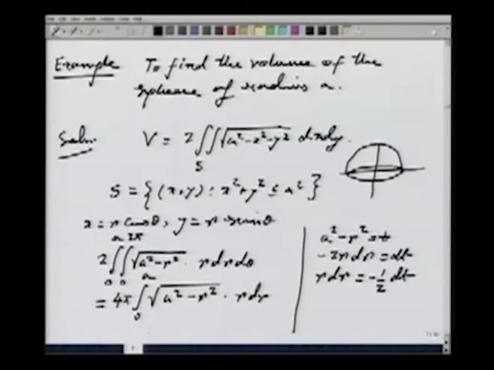So finally what I get is 4 pi times the integral from a square to 0 of root t times minus half dt. Okay. So what I get here is 4 pi divided by 2 times the integral 0 to a square of square root of t dt.